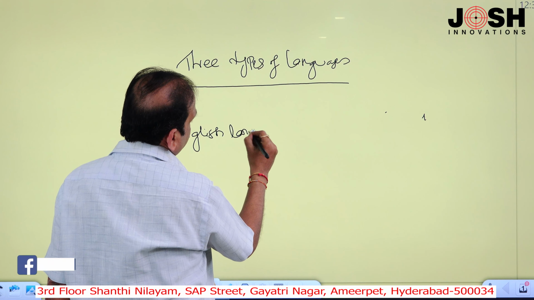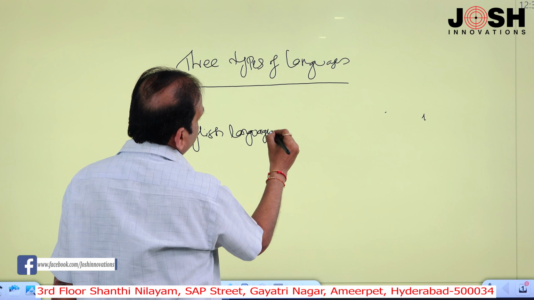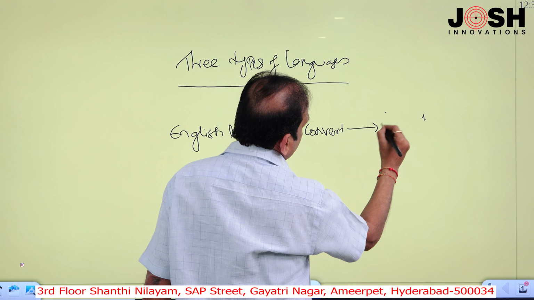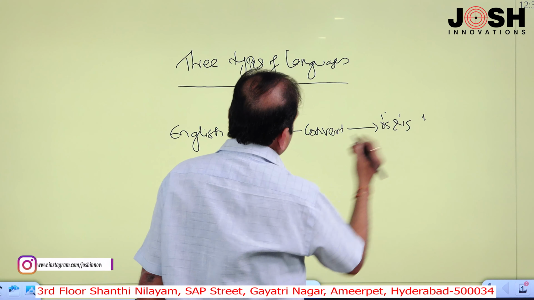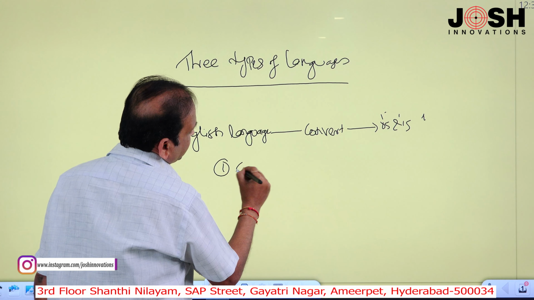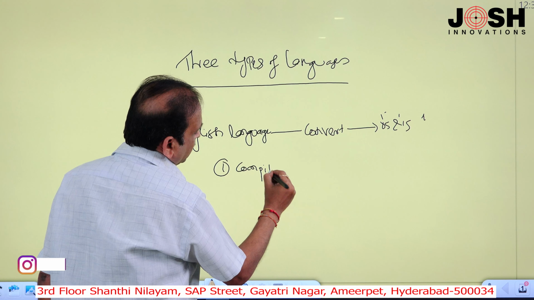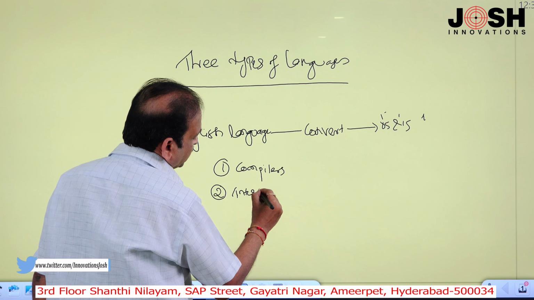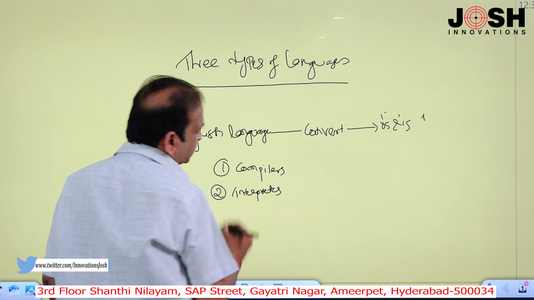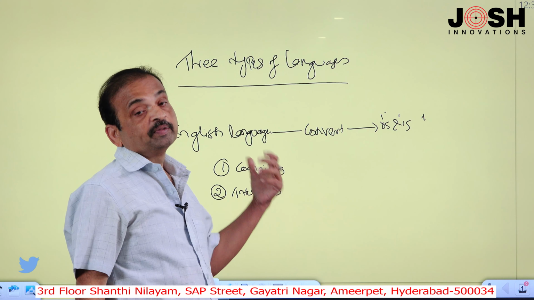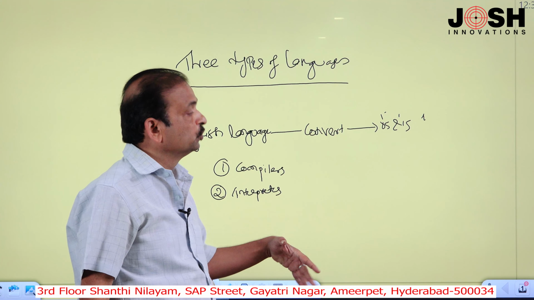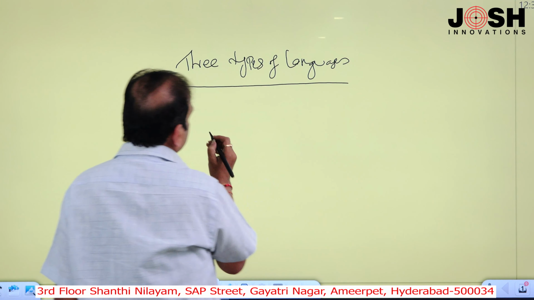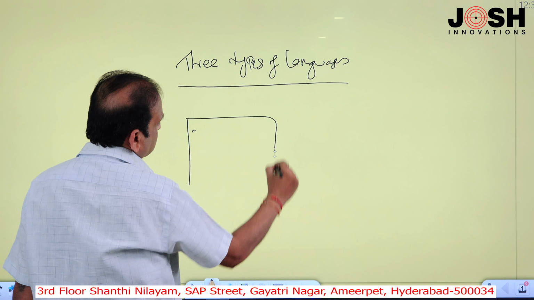So we have two softwares to convert from English language to binary language, zeros and ones. They are compilers, and the second one is interpreters. Using these two softwares, we can convert English language code to binary code.